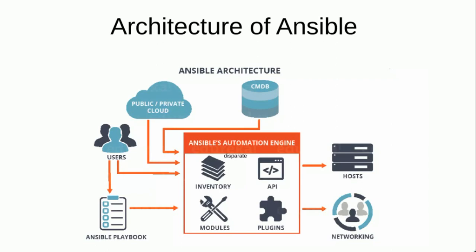You can just group the machines. Then using API, modules and plugins, we can set up hosts as well as networking. So this is the basic architecture of Ansible, where we can use all the components and those components are integrated with each other.